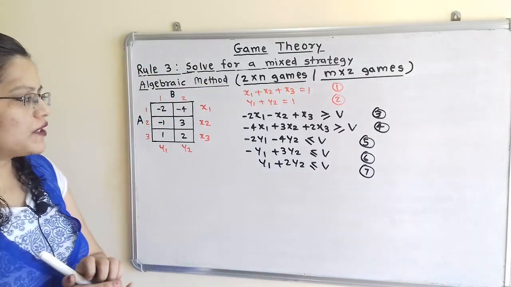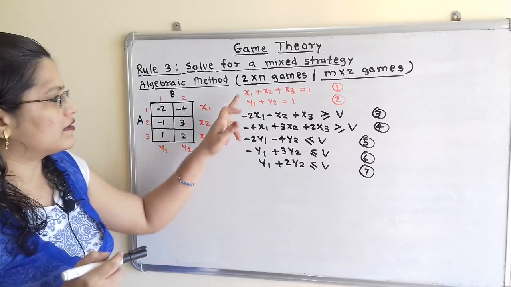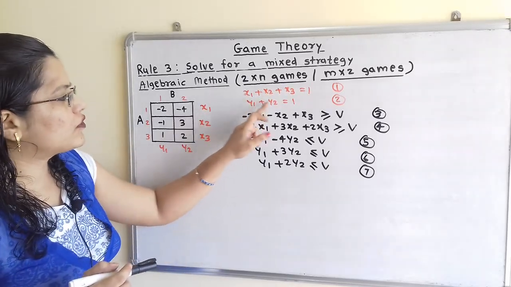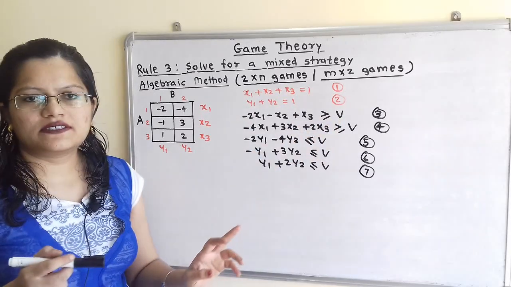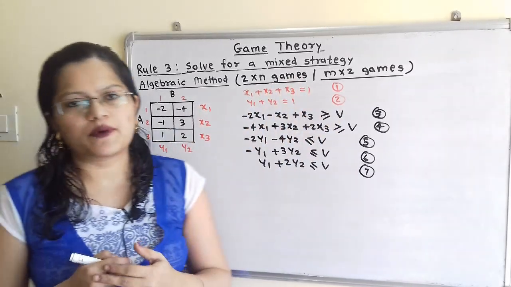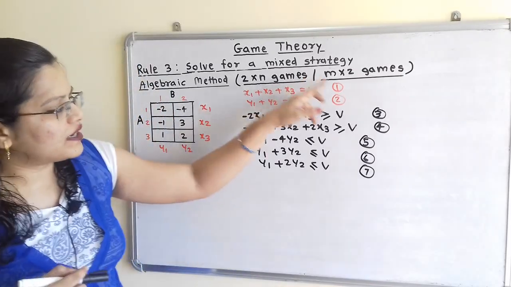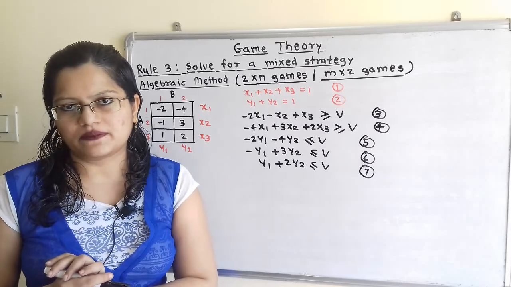Now we have to find out the unknowns. How many unknowns are there? 1, 2, 3, 4, 5 and v, that is 6. There are a total of 6 unknowns that we have to find out, and we have a total of 7 equations.